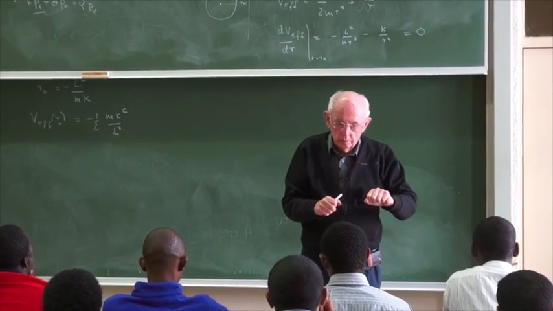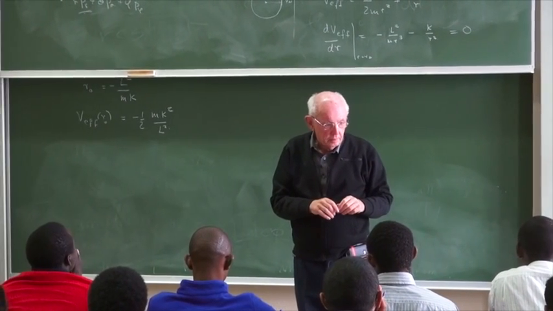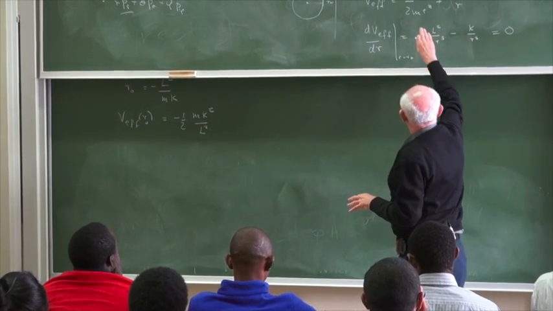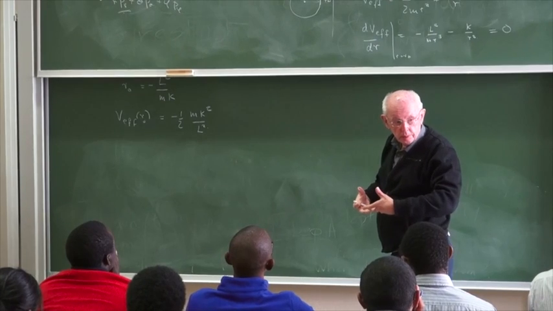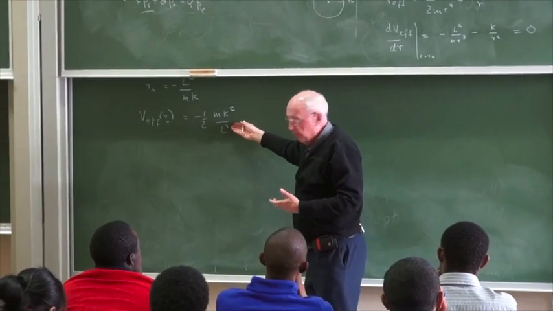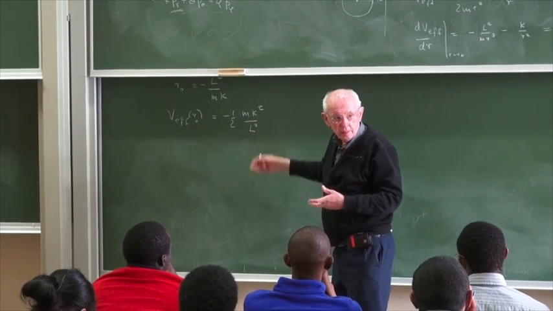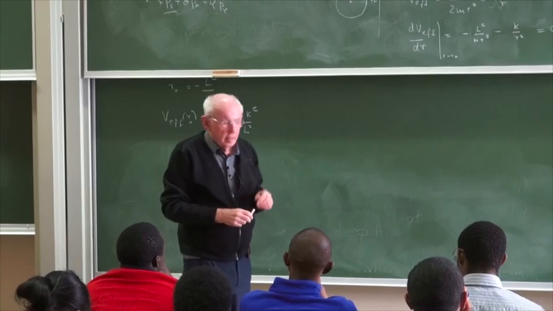Okay? So I've left out a step or two. So I took R0 and I put it in there, and I simplified the equation, and I get this result. I think you can just try that yourself. It's really simple.